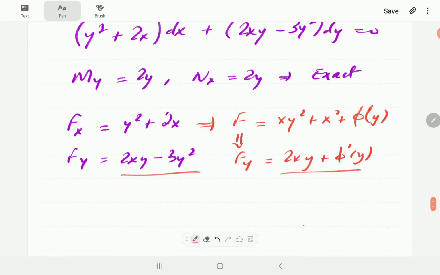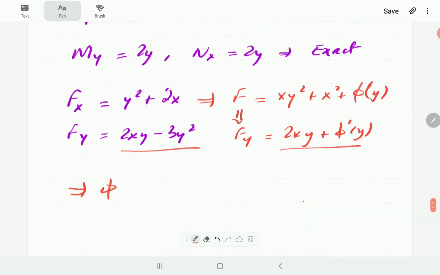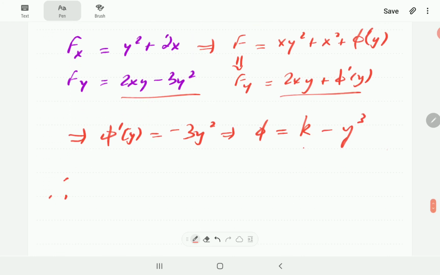Compare this with this, then that tells us that phi prime is actually minus 3y squared. So phi is going to be k minus y cubed, and so the solution is going to be xy squared plus x squared minus y cubed plus k equal to 0. So that is going to be the solution.